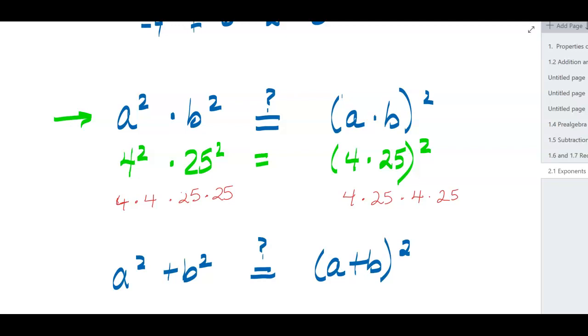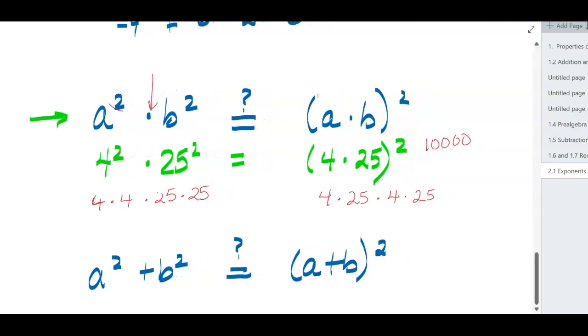So yeah, if you have two different bases and they're being squared and they're being multiplied, it's the same thing. So 100 squared, it's just 100 times 100, right? So you're just adding 2 zeros to that. And here, 16 times 625 is indeed the same thing, 10,000.